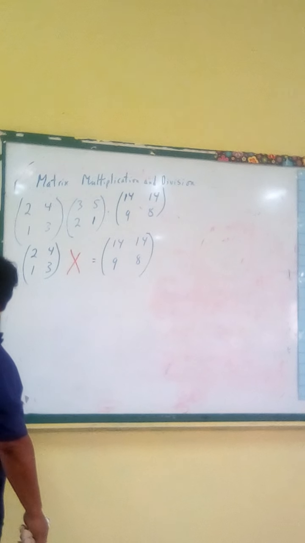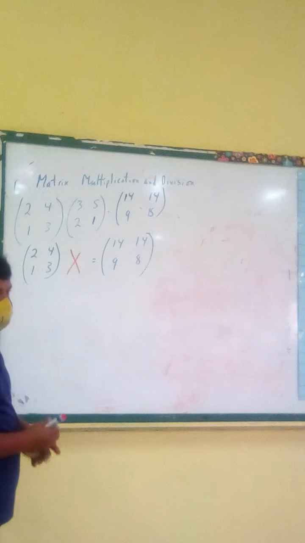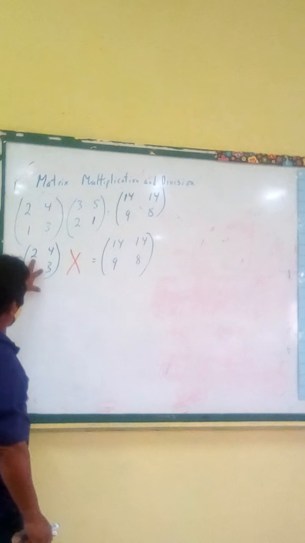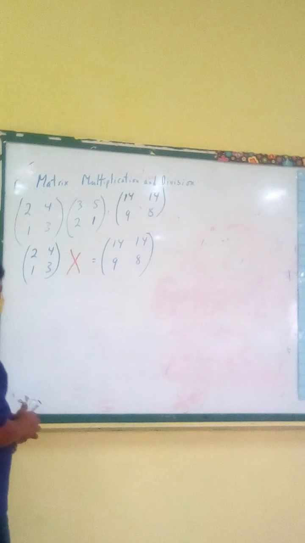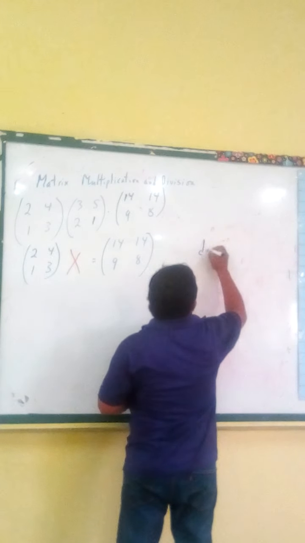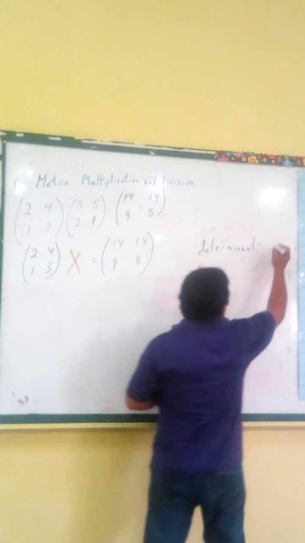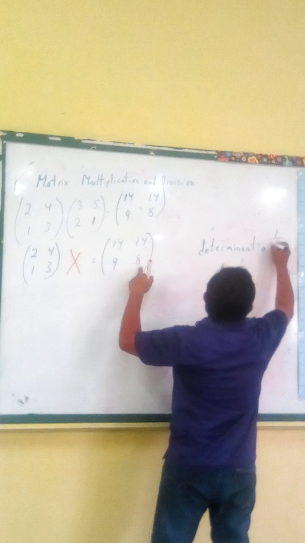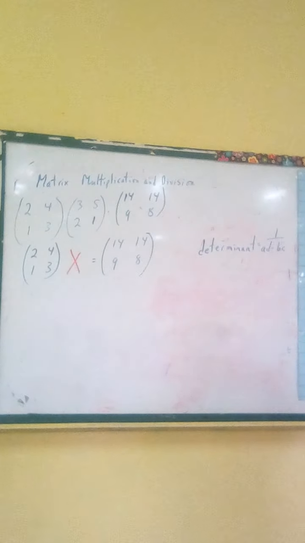So for us to do this now, you are going to be working with what you call determinants. Okay? So you come here and you will start to multiply, but you will need to do this by dividing, right? So the determinant is given by the equation 1 over ad minus bc, for the matrix a, b, c, d. Okay? That's the determinant value.